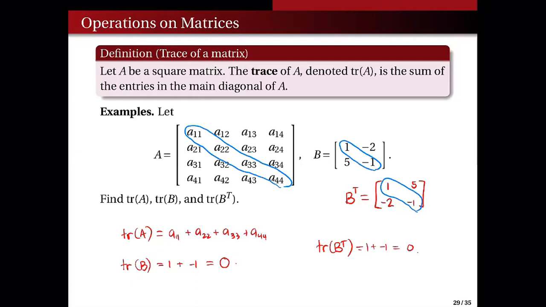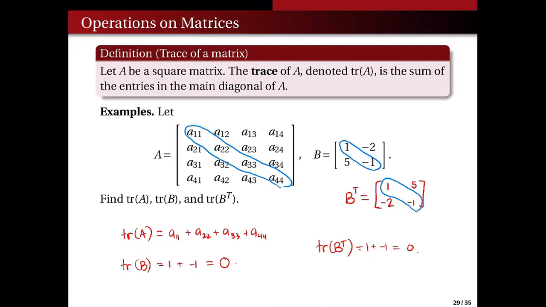In fact, if you have a square matrix, the trace of that matrix will be equal to the trace of the transpose of that matrix.